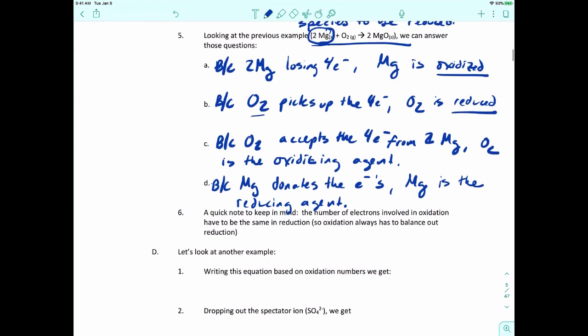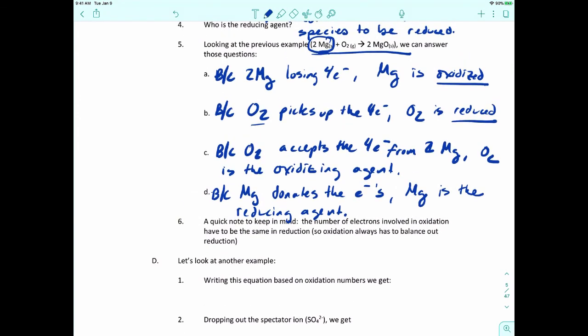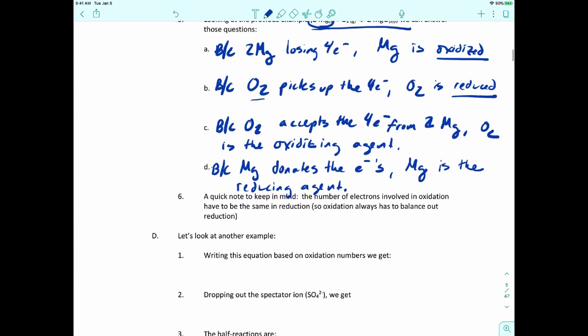Okay. Now, the other thing to keep in mind is that the number of electrons involved in an oxidation reaction have to be taken in. So if you generate 4 electrons, then that species has got to take in 4 electrons. So keep that in mind. The electrons have to balance out. Okay. So let's try another reaction. Let's try this.